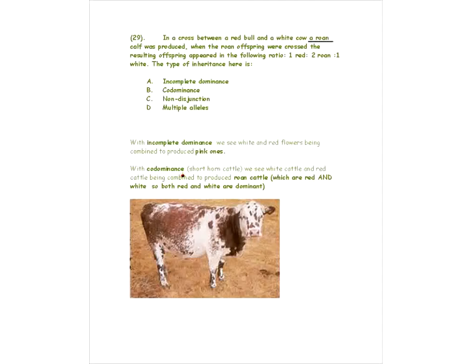The difference between incomplete dominance and codominance, such as you see in shorthorn cattle like the one below, is that rather than having traits in between white and red, the cattle have both white and red in them. They're not pink, instead they're both white and red at the same time. So that's what a roan cattle means. Both the red and the white are dominant, so because of that we call it codominance.